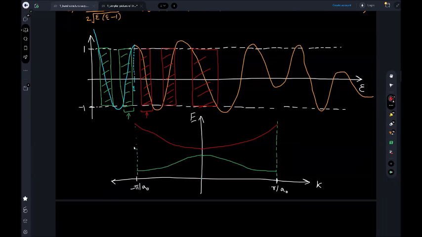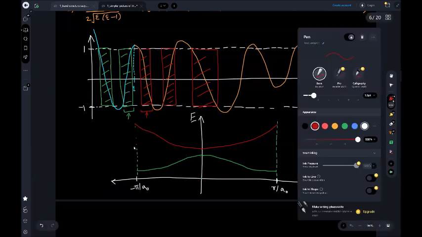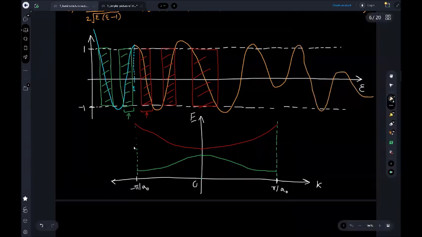Pardon me for my drawing, but this will be a mirror image around the y-axis. You might have actually come across this picture because this is a very popular picture. So this region, which is in between these two, there are no allowed energies here. So this is actually the band gap, which is also commonly called the band gap of the semiconductor.